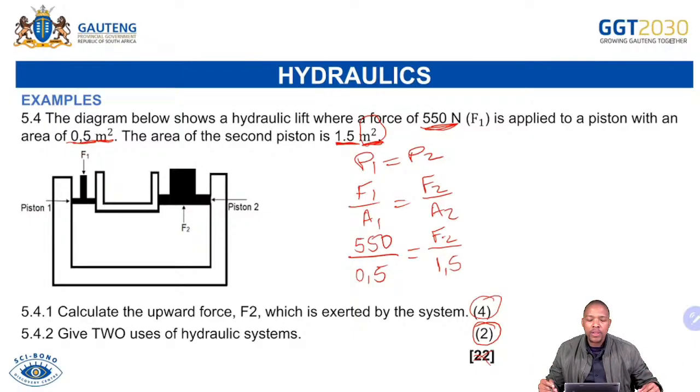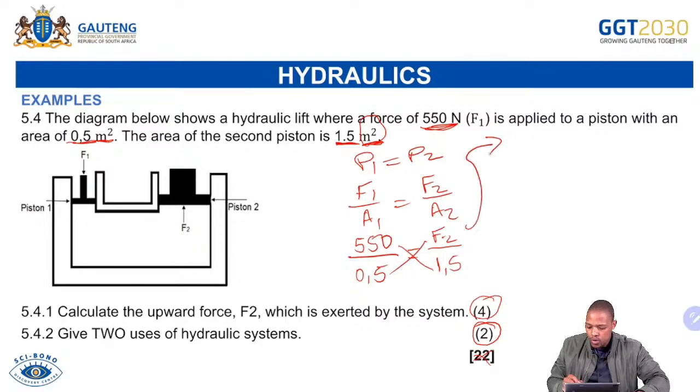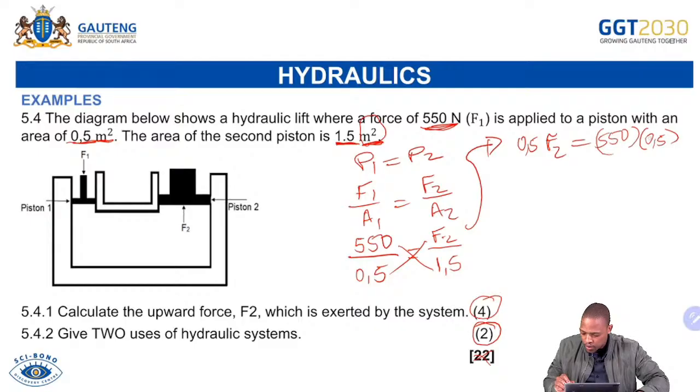There are different mathematical ways you can try. I prefer the cross multiplication, where this multiplies by this. We are going to have 0.5 multiplied by F2, obviously, and then we are also going to have 550 multiplied by 1.5, sorry, 1.5. Almost made a grave mistake there.